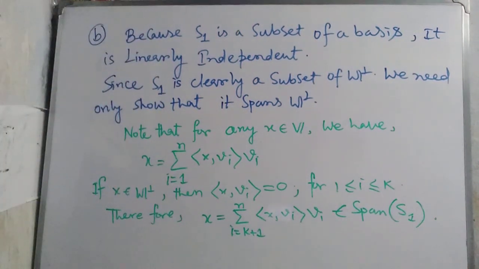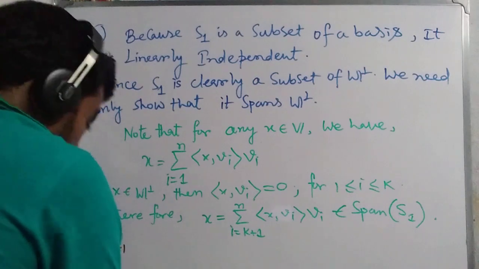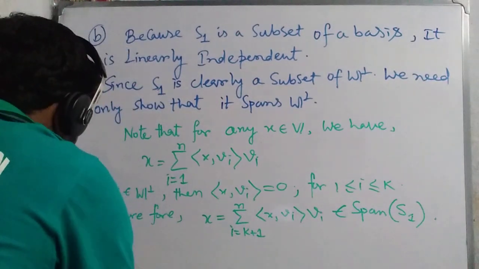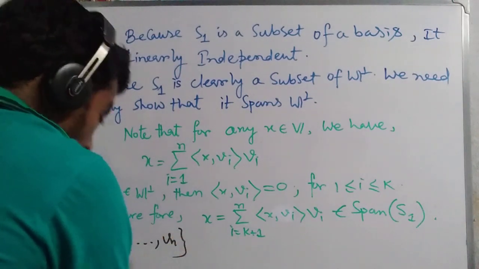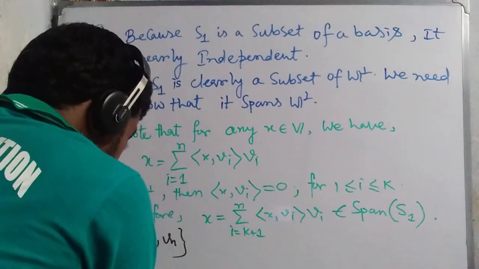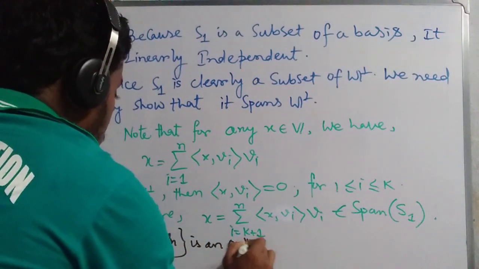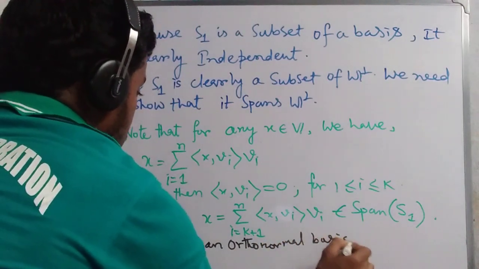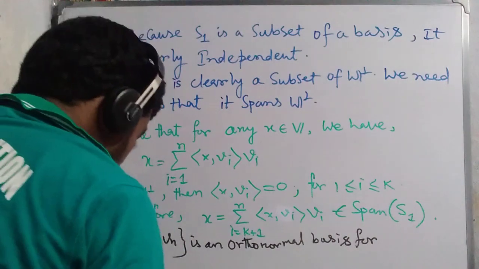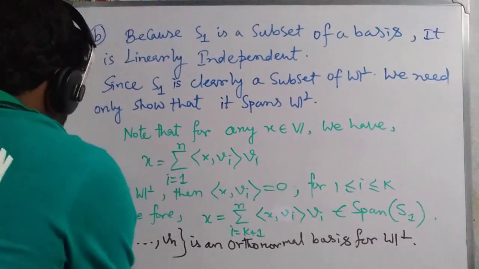Then we have also shown that vk+1, ..., vn is an orthonormal basis for W perp. Understood?